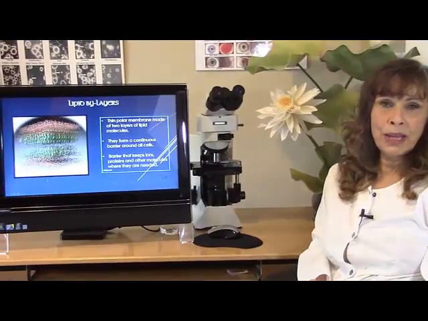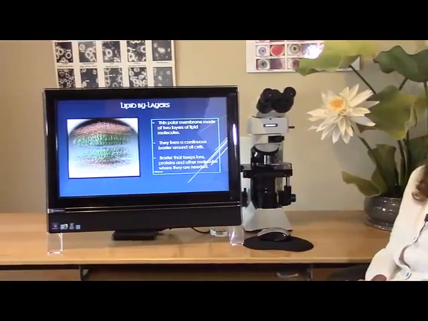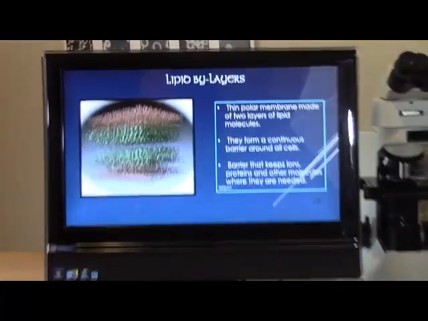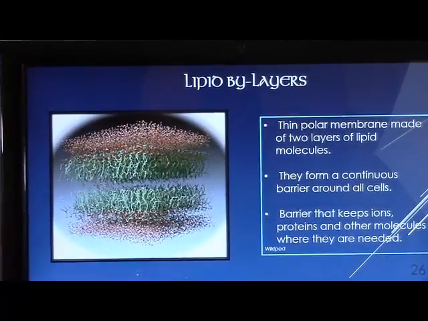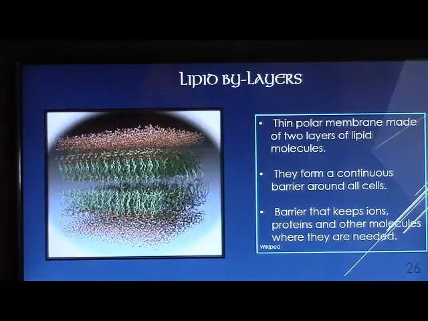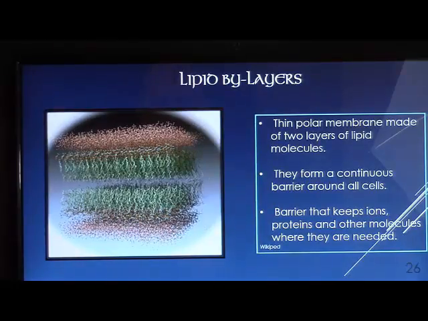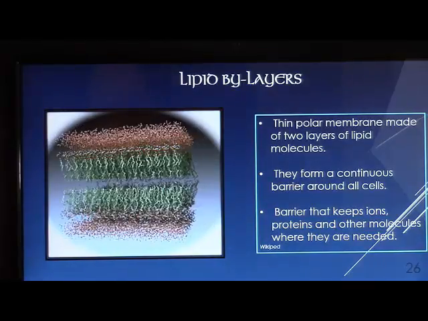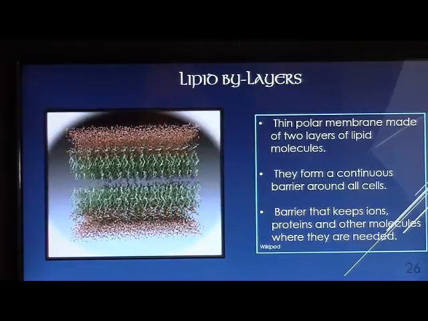We will review very quickly the composition of a cell. So a cell is made of thin polar membranes. It's a thin polar membrane made of 2 layers of lipid molecules. They form a continuous barrier around all cells. This barrier keeps ions, proteins, and other molecules where they are needed.